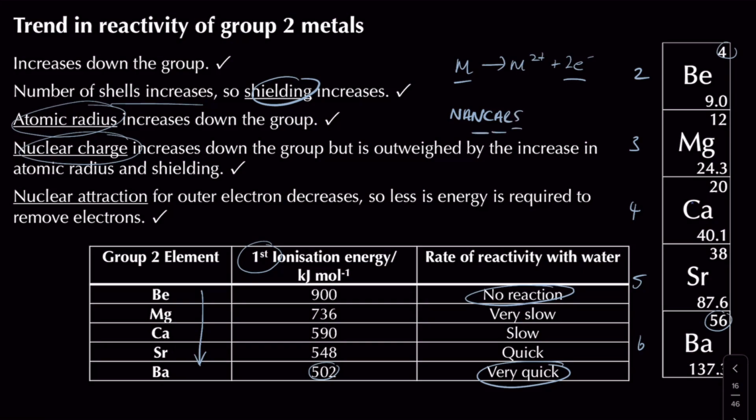The last point is of course going to be nuclear attraction. Nuclear attraction overall is going to decrease, and that means it's going to require less energy to remove these 2 electrons itself. In other words, it's going to need less energy to be oxidized itself, and so it ends up being more reactive. So yeah, that's the trend in reactivity for our group 2 metals that you need to be aware of, especially with their reactivity with water.